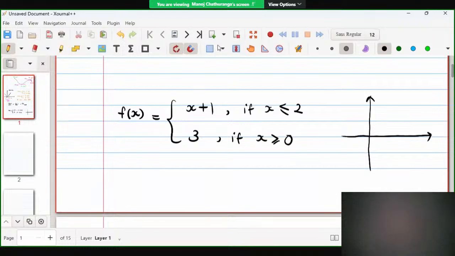Until plus 2, the function is linear for all the negative values and all the positive values up to plus 2.